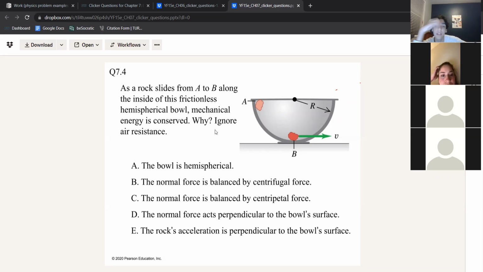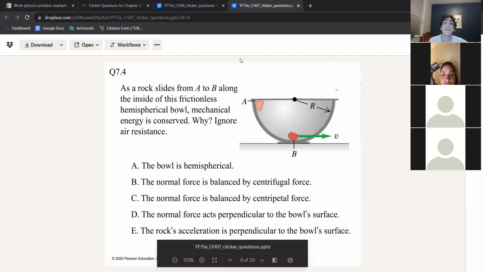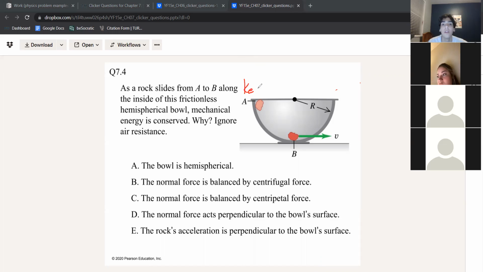If I'm looking at this, if mechanical energy is conserved, that means that at point A, the kinetic energy is equal to some number, and the potential energy is also equal to a number.